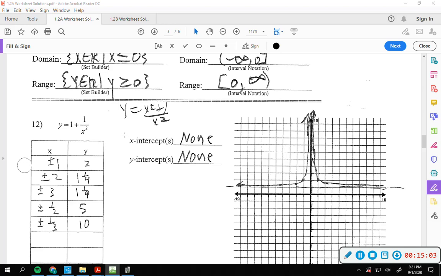If the degree on top is less than the degree on the bottom, y equals 0 is always the horizontal asymptote. If the degree on top is the same as the degree on the bottom, then I look at the coefficients of those highest degree terms. So 1 over 1, I look at that ratio, which is 1.